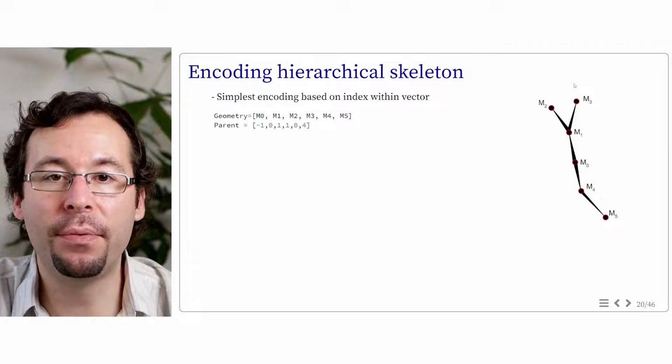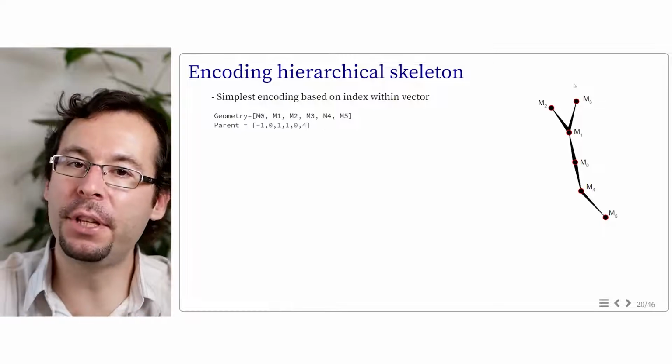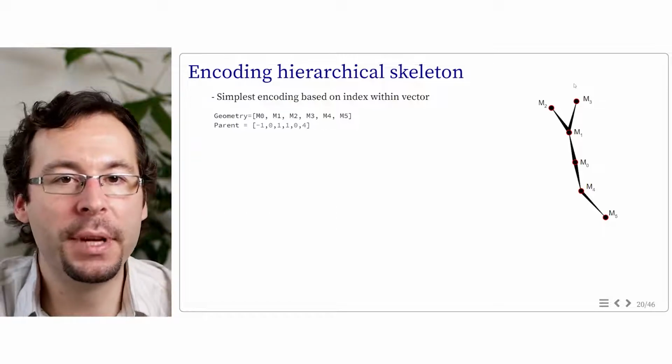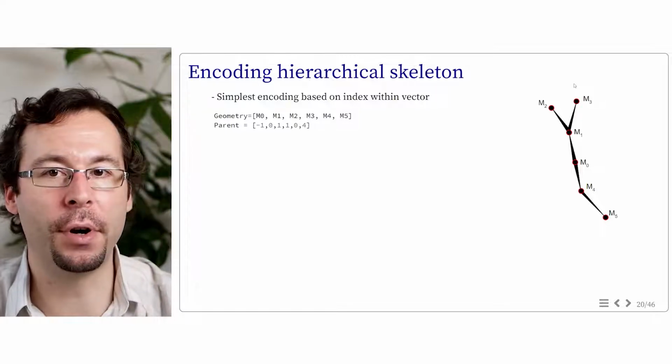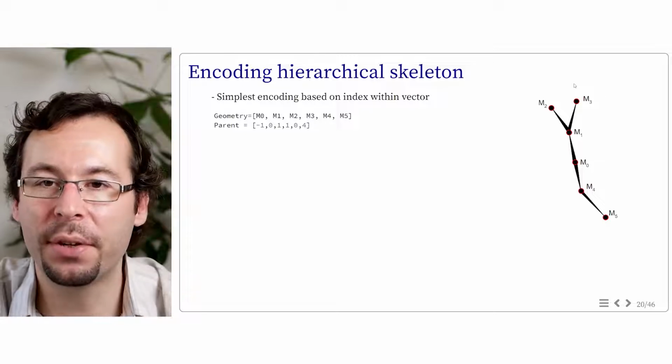And here is an example of a very minimalistic way to encode the skeleton data, only limiting ourselves to contiguous structure in memory. We can encode the geometry as a buffer of rigid transform, either as matrices or as quaternion and translation.